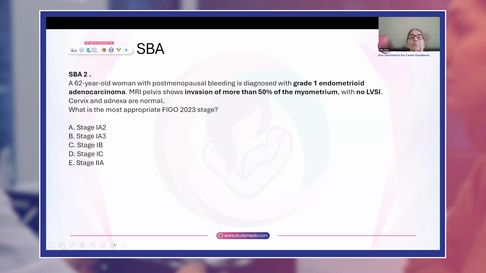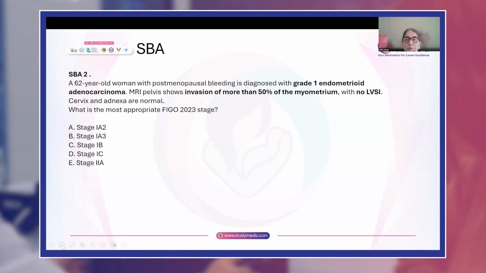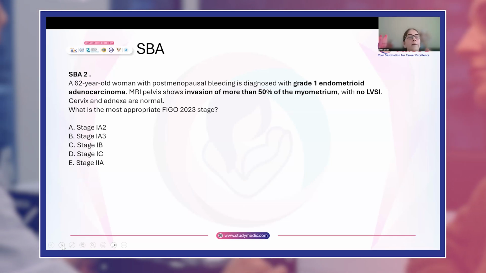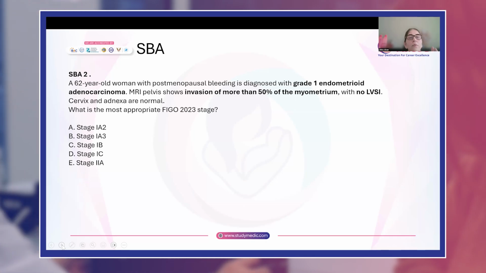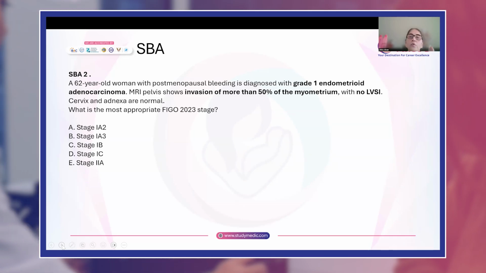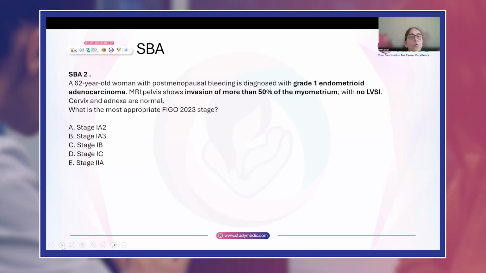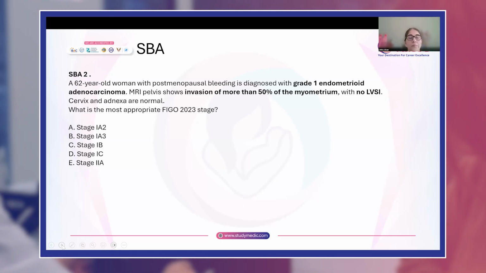So what is the most appropriate stage? Definitely, it has not gone beyond the uterus. Serosa is not involved. So it is definitely not 3. It could either be stage 2 or it could be stage 1. But if you see the myometrium, it is more than 50% of the myometrium.